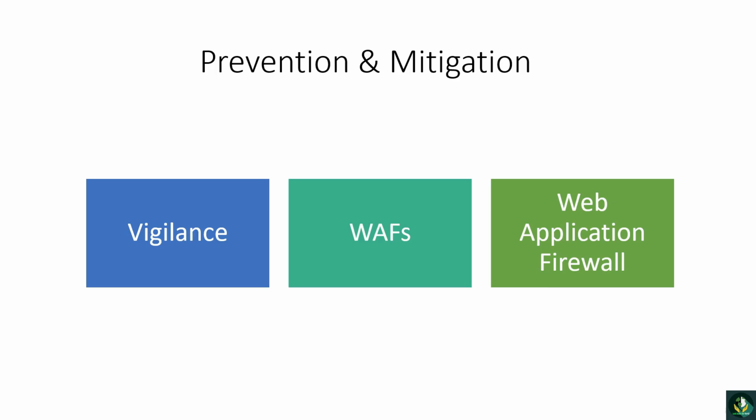So, the prevention and mitigation. There are several effective methods for preventing and mitigating the reflected XSS attack. First and foremost, from the user's point of view, vigilance is the best way to avoid cross-site scripting.